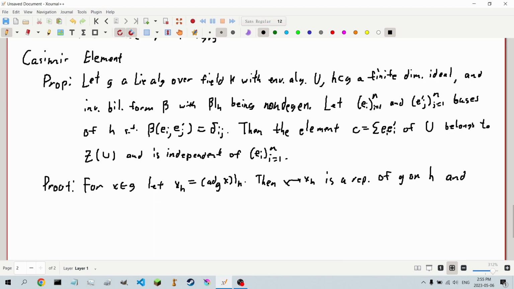And beta prime, which is the restriction of beta to H, is invariant under this representation, which is just inherited from beta being invariant in the parent structure.